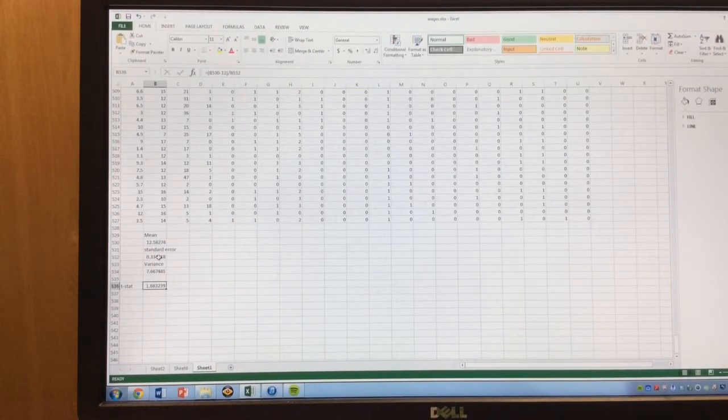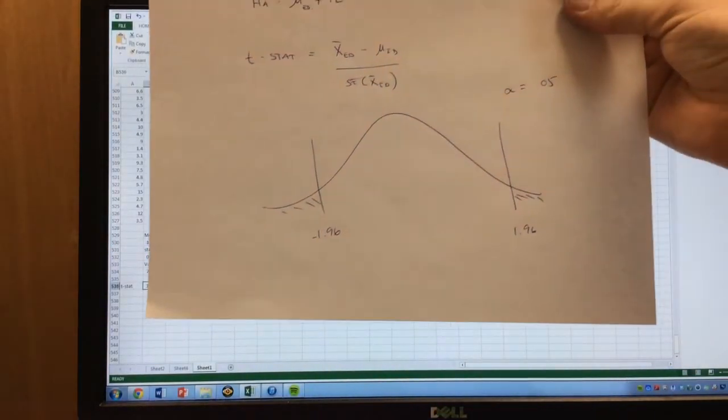And recall that I want to compare that t-stat to some critical value. The critical value we had set up previously, if we do a 5% test, is 1.96, where our alpha is equal to 0.05. So set it up something like this.